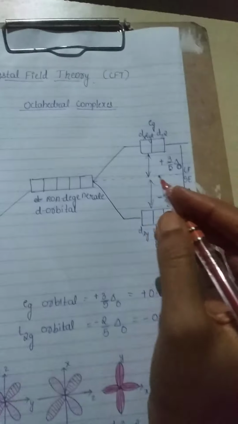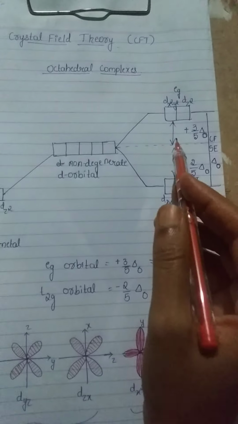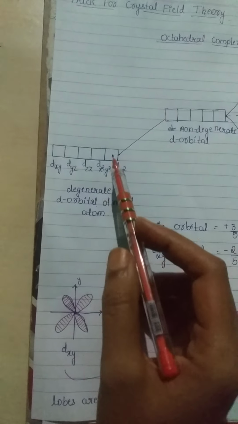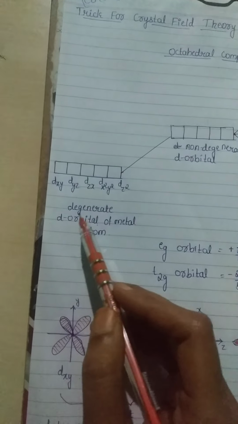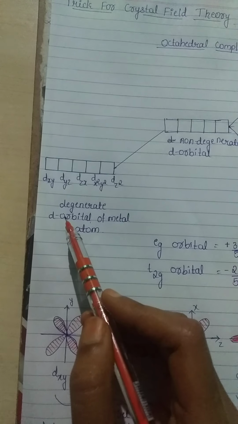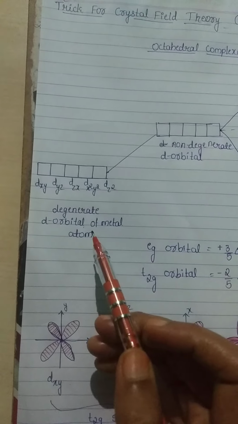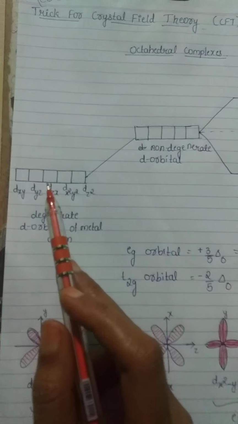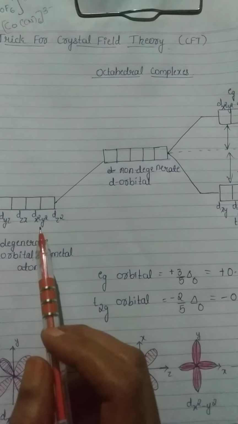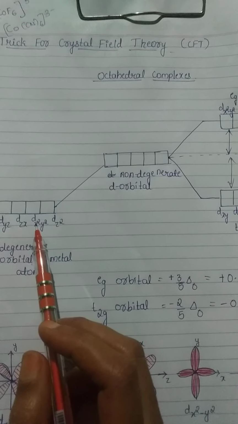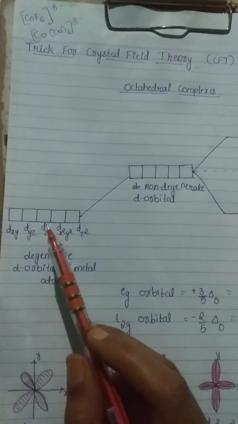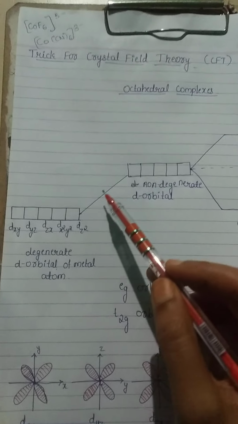For the octahedral complexes, ligands approach along the axis. Here same thing, total 5 d orbitals are there, called the degenerate d orbitals of a metal atom. Why degenerate? All those d orbitals have the same energy. Then the metal also consists of electrons and the ligand also consists of electrons.